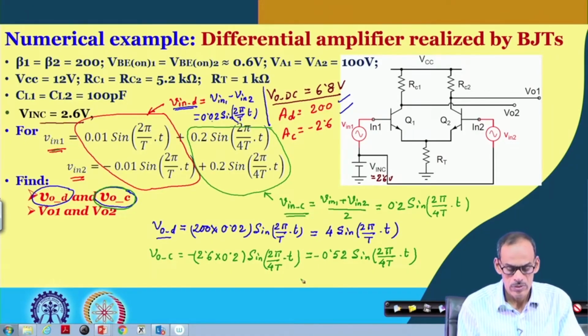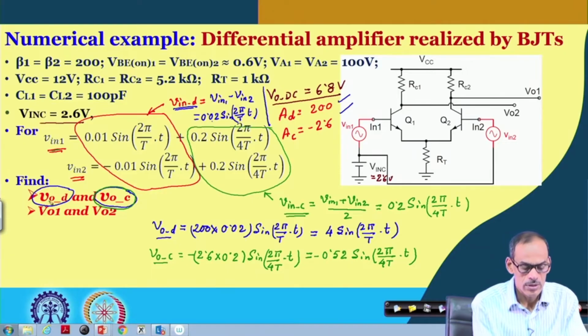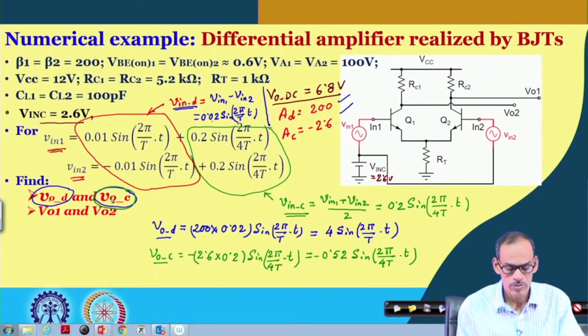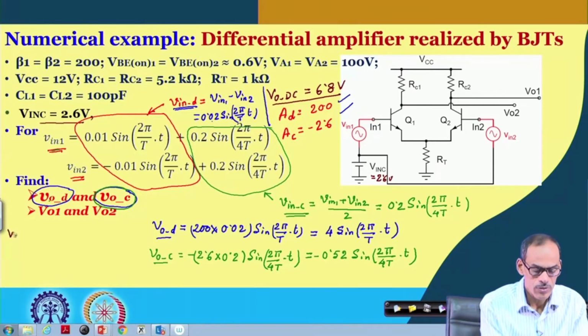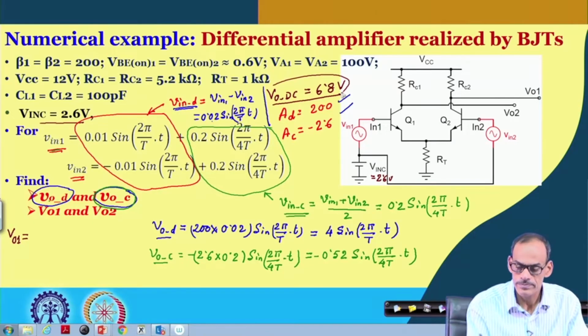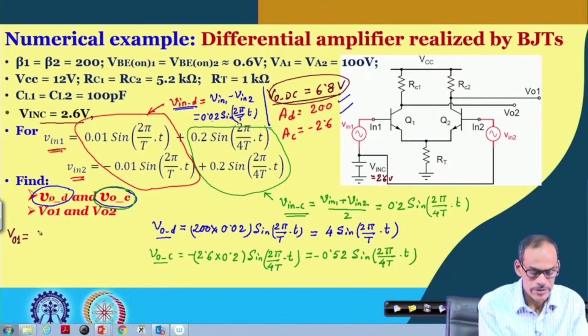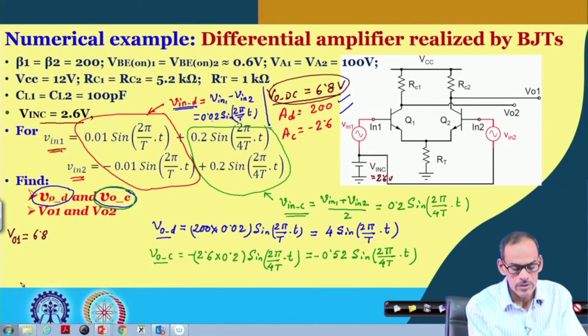So, now we have obtained the differential and common mode component. So, for the individual signal, now we can say that VO1 is having the DC part 6.8 volt DC, and then we do have the common mode part.